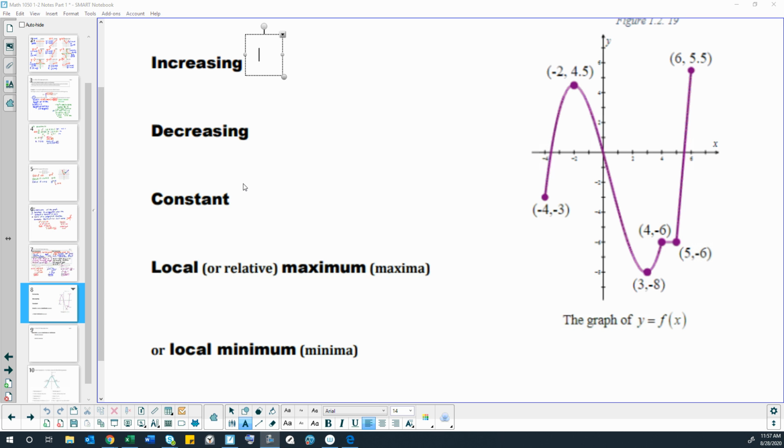Increasing means intervals where the y value increases as the x values increase.